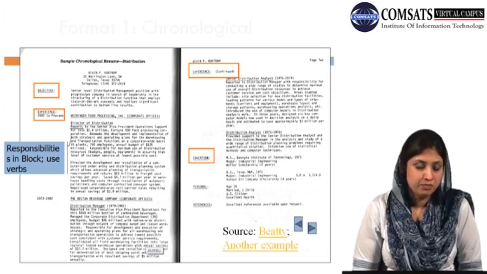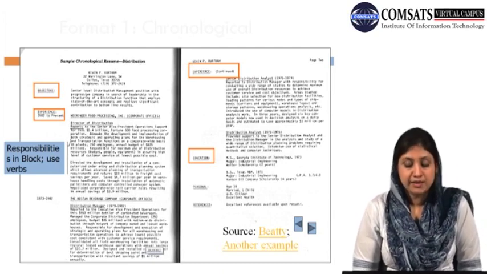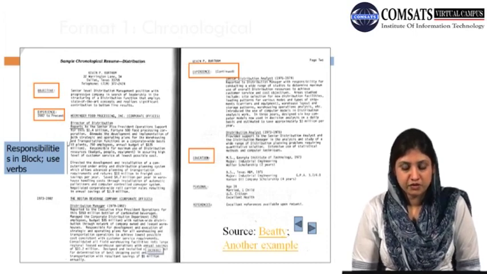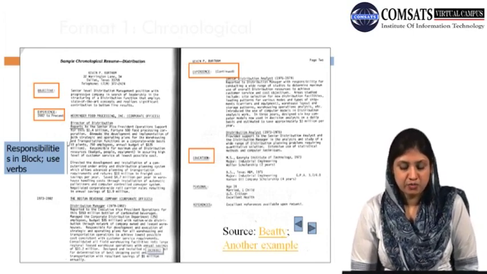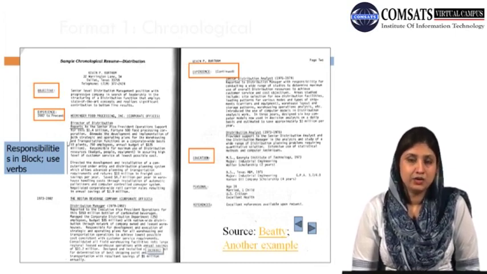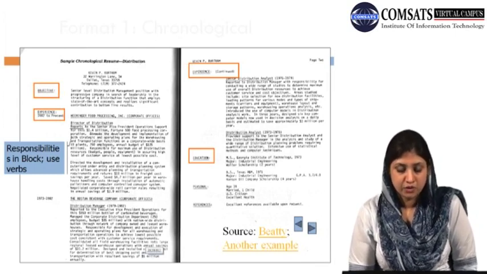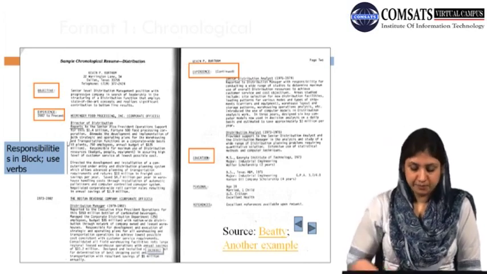You have made brackets of years according to the jobs that you have done. Then you talk about your education, starting with MS, bachelor's, and then intermediate or O and A levels. Then you talk about your personal information, your age, your marital status, and your citizenship, and your health, if you want to mention. And then you give references if they are there, or you can put up a line that excellent references are available upon request.